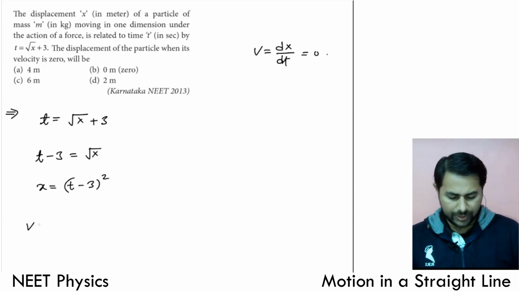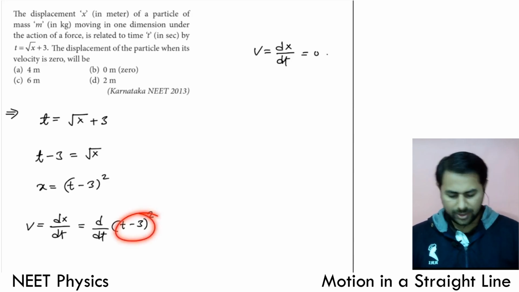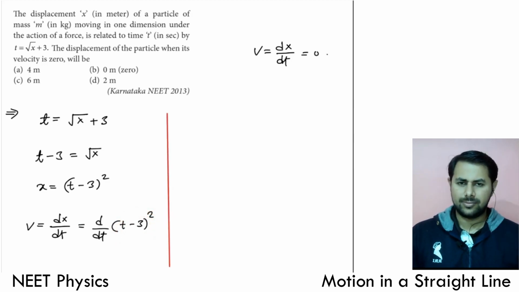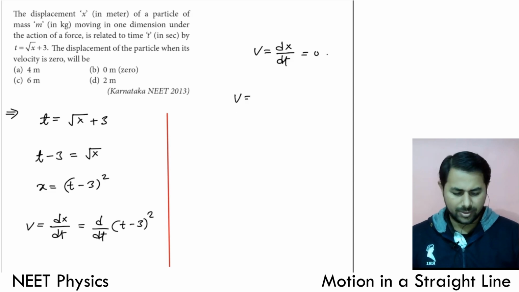So just find out velocity. So what will be velocity? It is dx by dt. So that is equal to derivative of this thing, right hand side. So d by dt of t minus 3 square. So without expanding this, can you tell me what's the derivative? Without expanding, 2 into t minus 3, right? Here we have used the chain rule. V is equal to 2 multiplied by t minus 3.